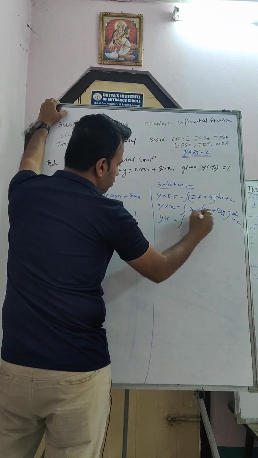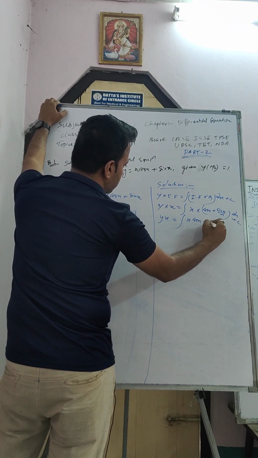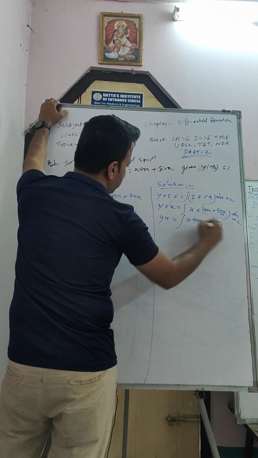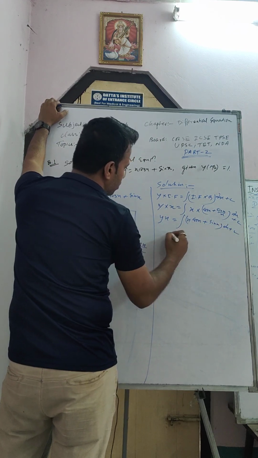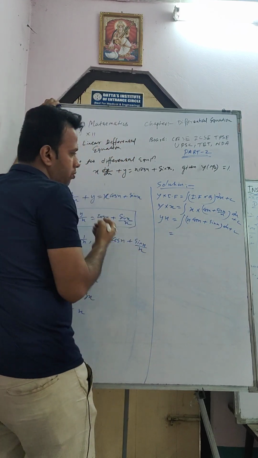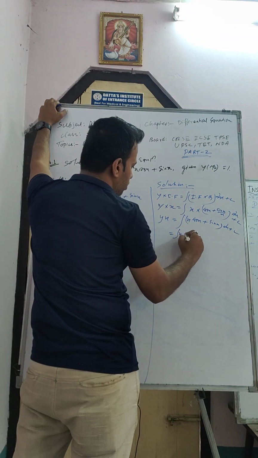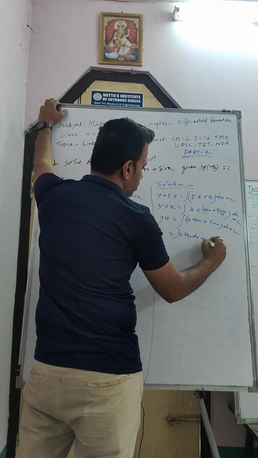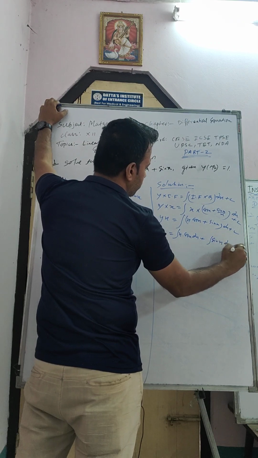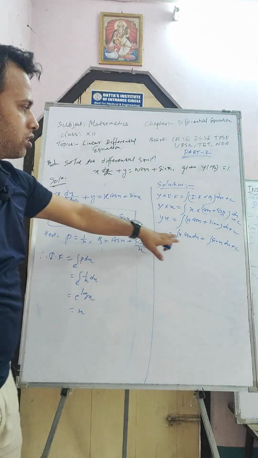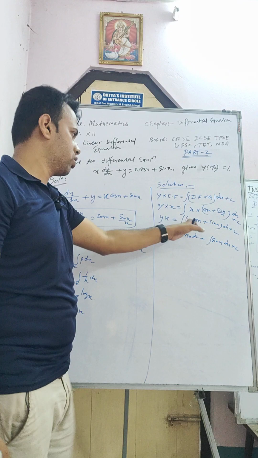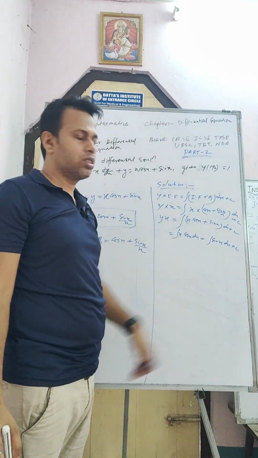So yx equals integral of x cos x plus sin x dx plus c. Now integral of x cos x dx plus integral of sin x dx plus c. Here I split the integration into two parts. The first one is x cos x and the second one is the integral of sin x.